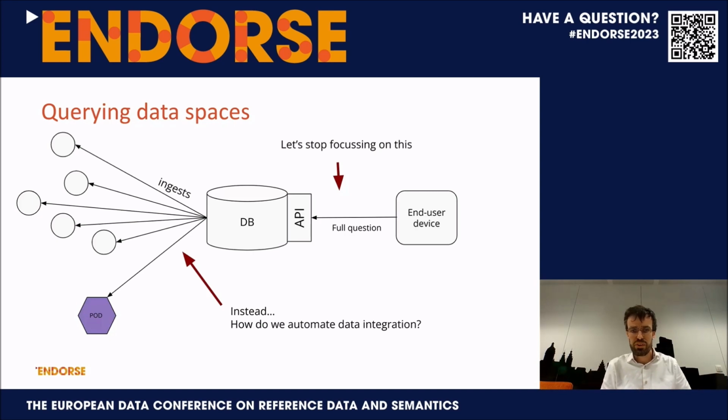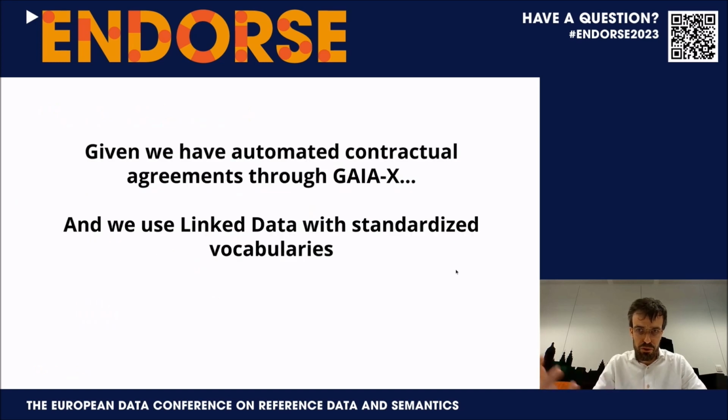And with the entire advent of the Solid project that is coming up, and the MyData principles and IDSA and so on, I believe that there we now have a good movement going on, so that we can really focus on the automation of data integration through data spaces. And of course, if you say data spaces, you say IDSA, you say Gaia-X, you say all the recent trends in the European Commission's agenda that are popping up.